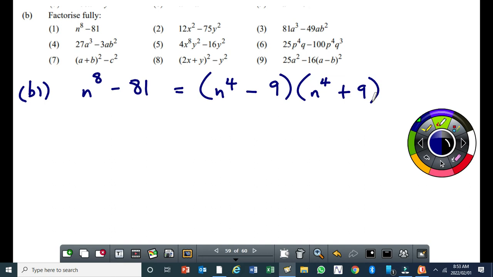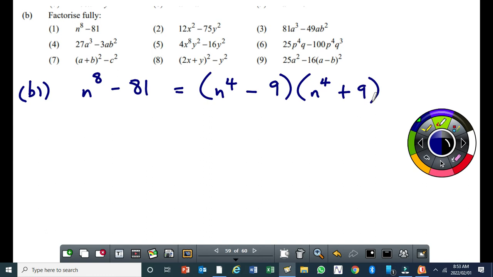Right? Now, sometimes you might have to find a difference of 2 squares 2 times for the same question. Now, do you have a difference of 2 squares here? Right. The first term is the difference of 2 squares. So if we are to factorize completely, we don't stop here.